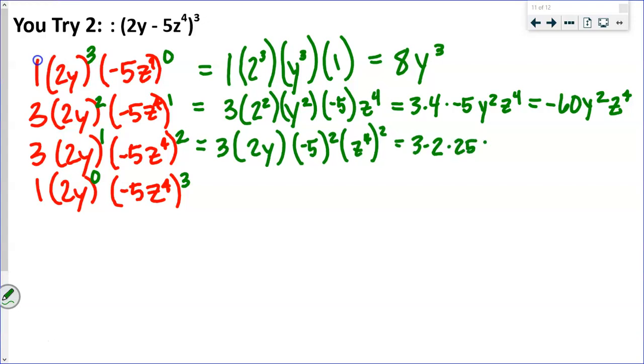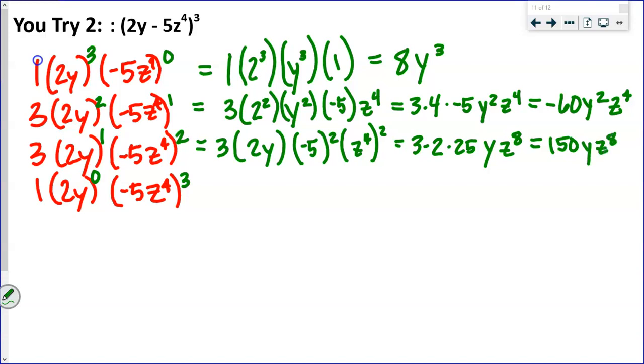Then we got our y, and our 4 times 2 is what, 8, yes? So that's z to the 8th. So 3 times 2 is 6. 6 times 25 is 150. I'm thinking quarters, y'all. So y and then z to the 8th.